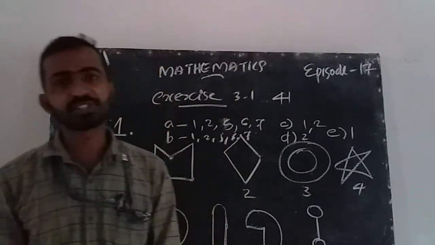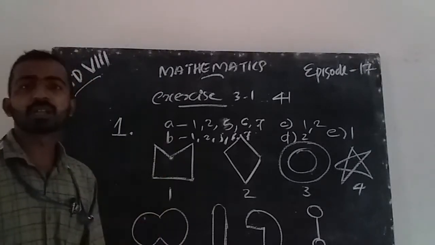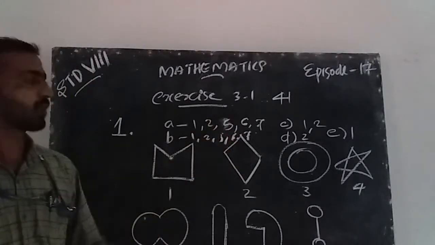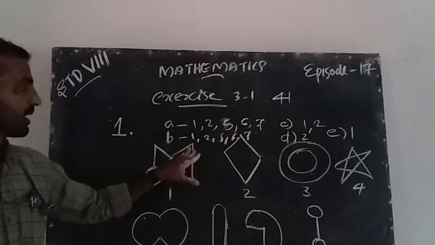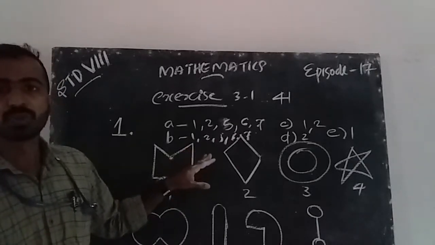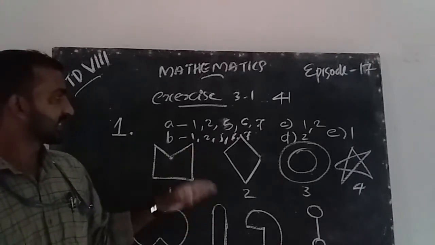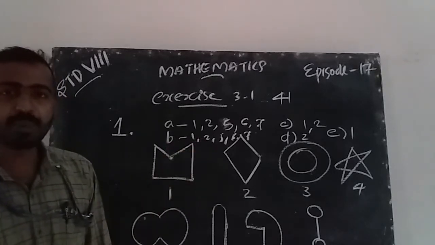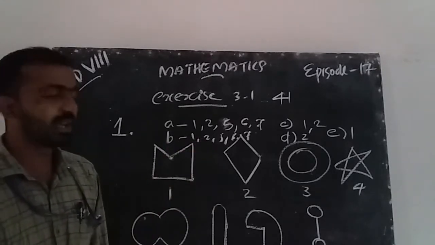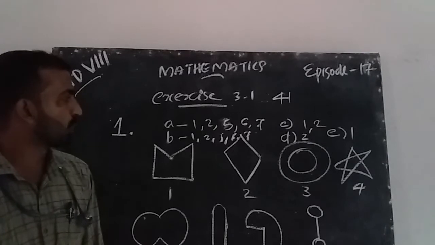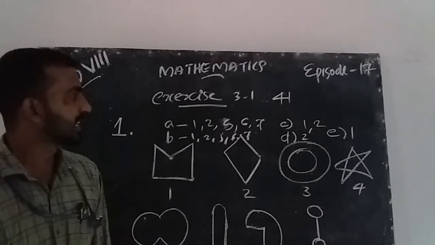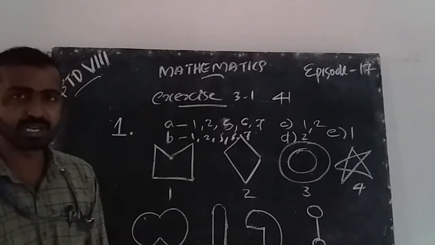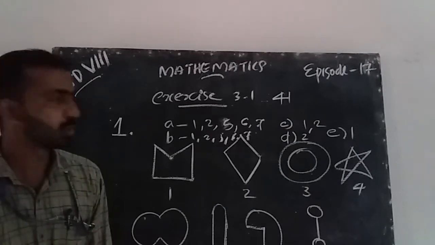That is, the first one is simple curve: 1, 2, 5, 6, 7, and the second one is simple closed curve. The answer of A part is the same, so we can write 1, 2, 5, 6, 7. C part is we want to find the polygons, that is 1, 2.